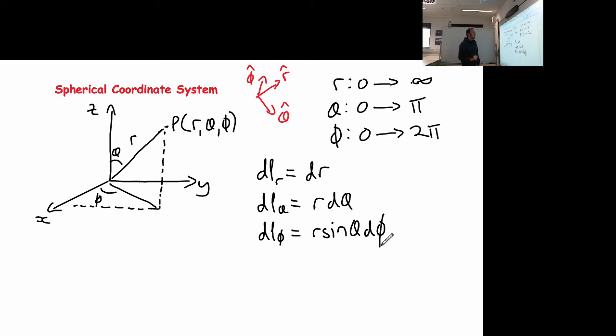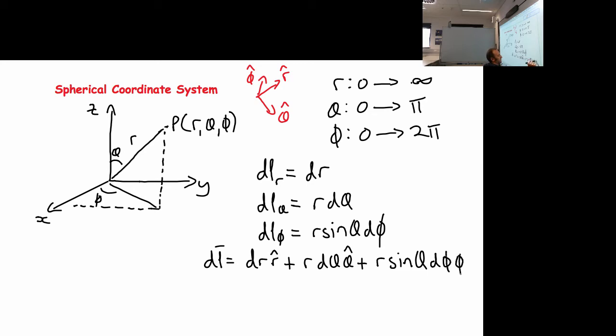Okay, so our total infinitesimal displacement vector then, dl, is equal to dr r hat plus r d theta theta hat plus r sine theta d phi phi hat.